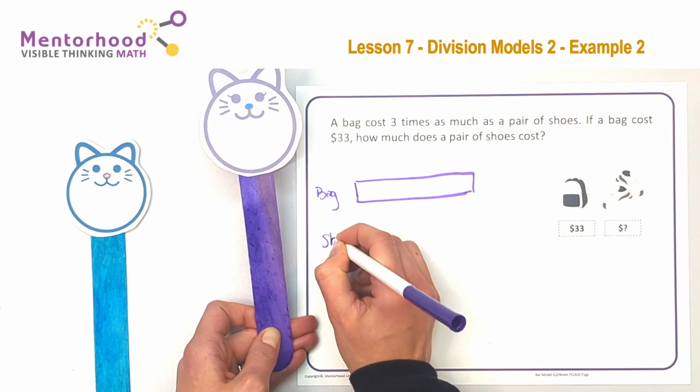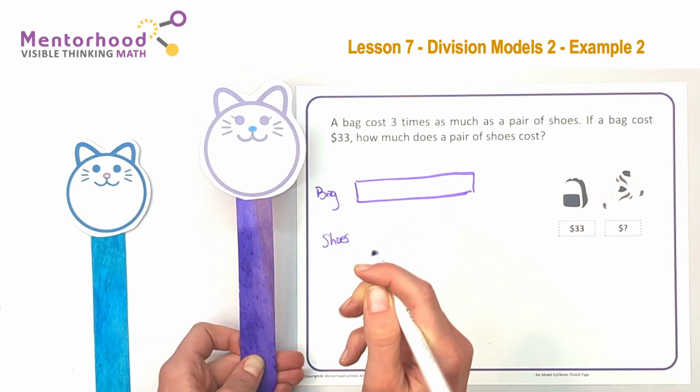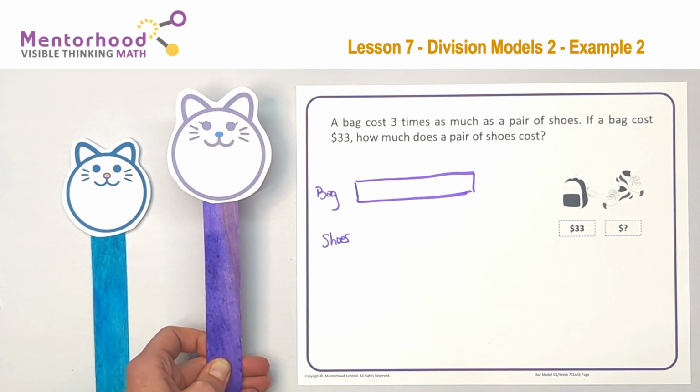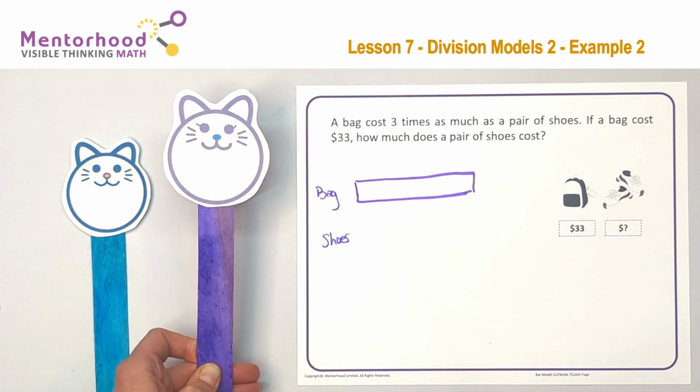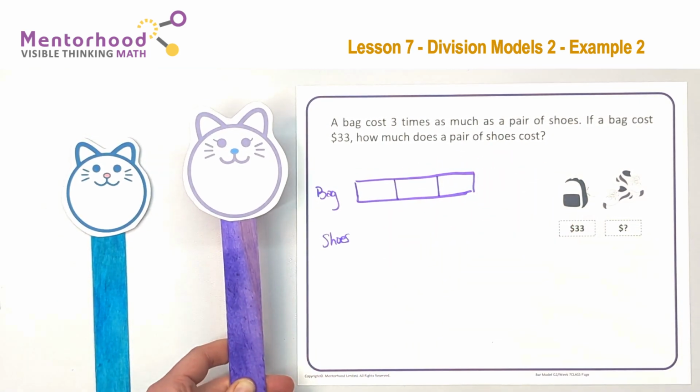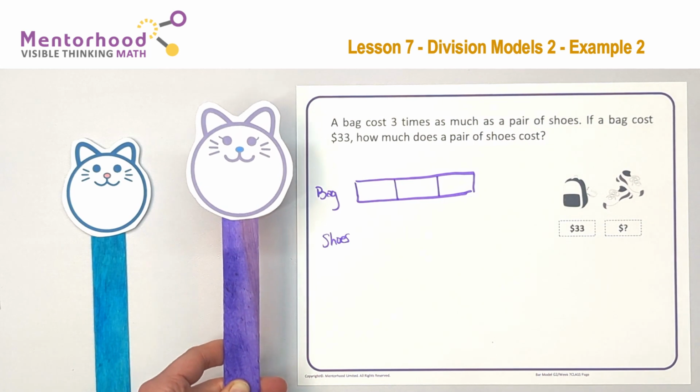And the shoes will be smaller. Now remember, the bag is 3 times what the shoes is. So if I take my bag and I divide it into 3 sections, one of those sections is going to be the size of the shoes.